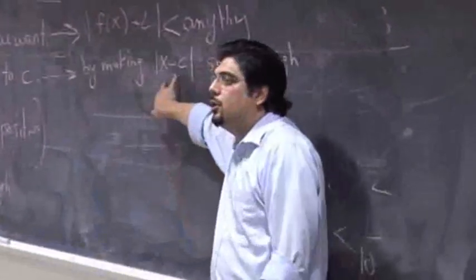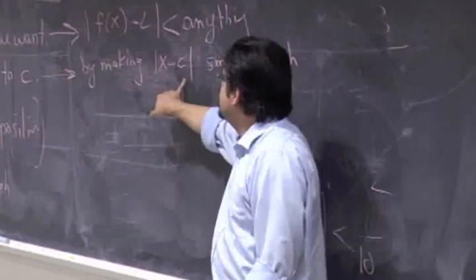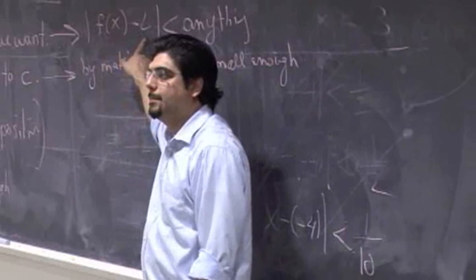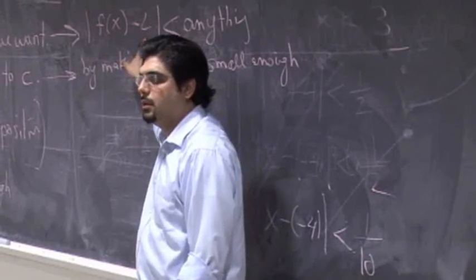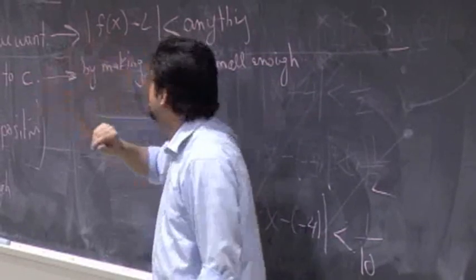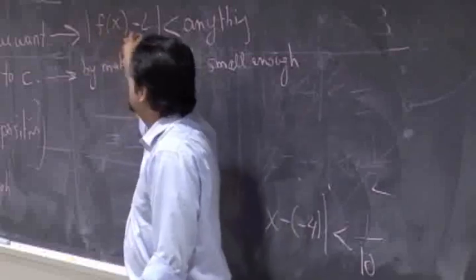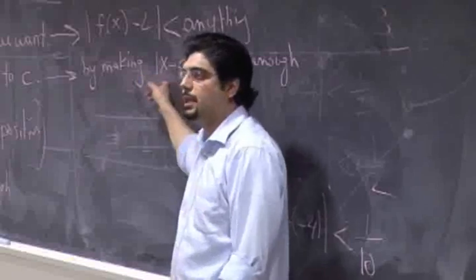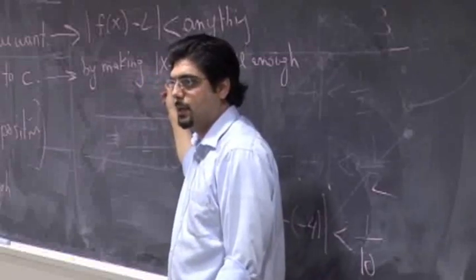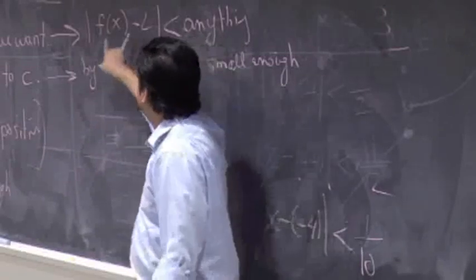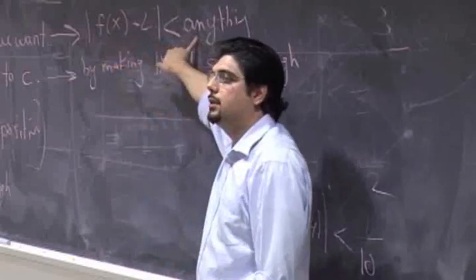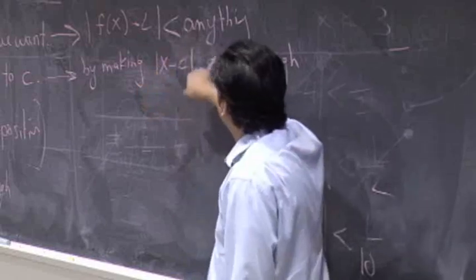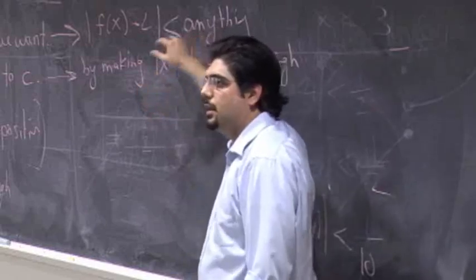So how close I make x to c depends on how close you want f to be to L. Okay? So like I said earlier, tell me how close you want this to be to L, and I'll tell you what you need to do to x, how close you need to make it to c. If you can do that for any number up here, if you can find out what this should be for any number up here, then you have a limit.